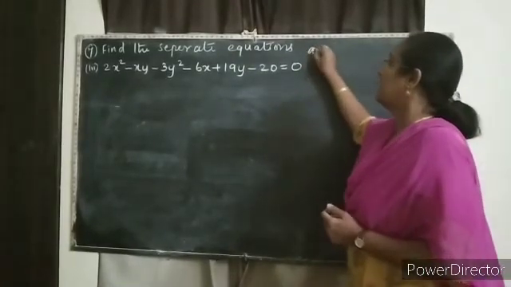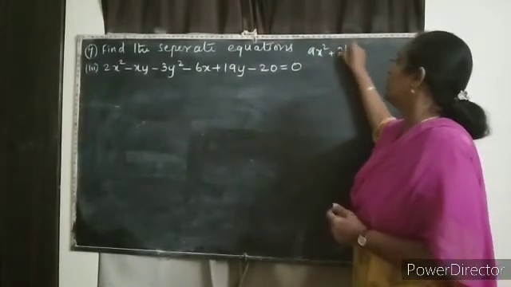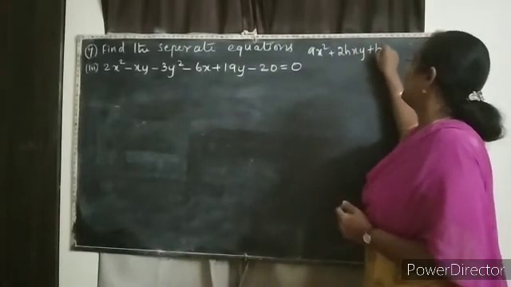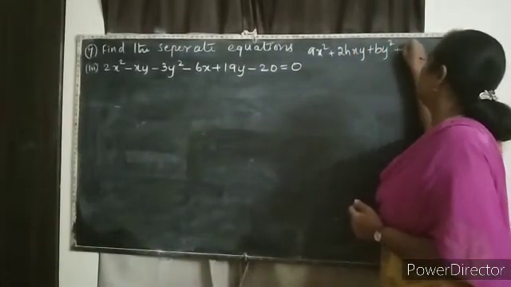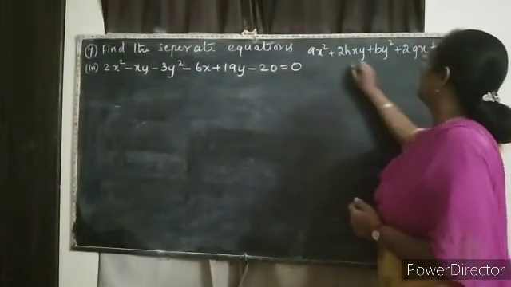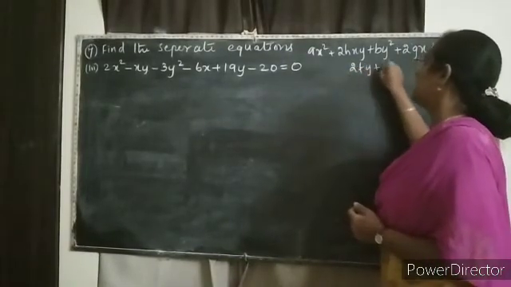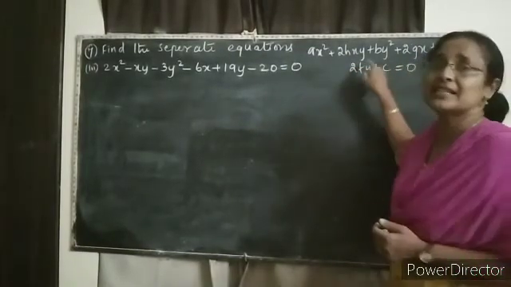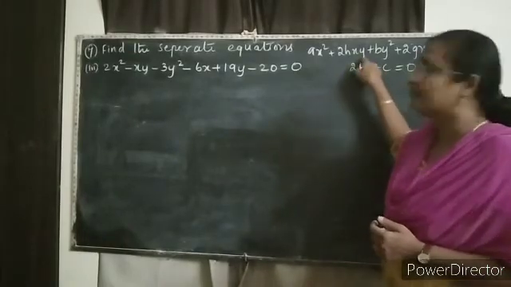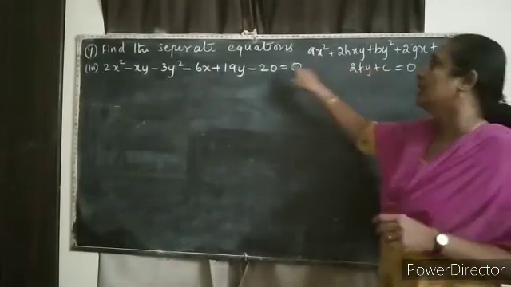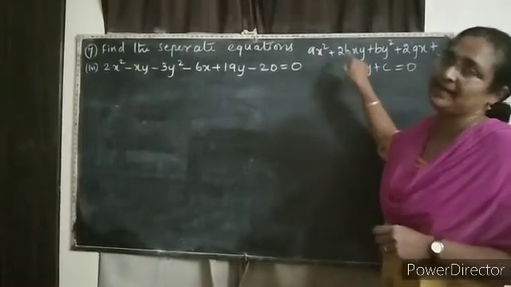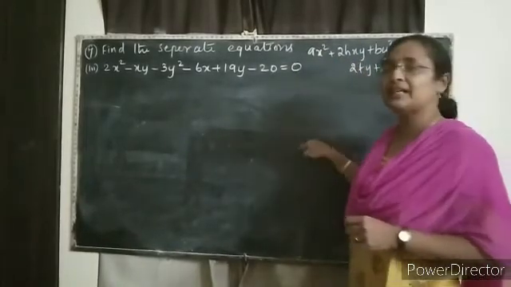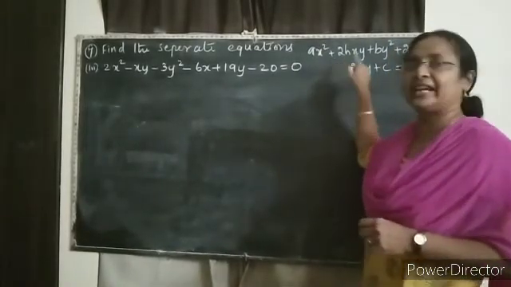Which pattern is this? ax squared plus 2hxy plus by squared plus 2gx plus 2fy plus c is equal to 0. Now this is the pattern or the general form of the pair of straight lines. Now this equation is of this pattern. So we have to use this method only for this pair of straight line form.